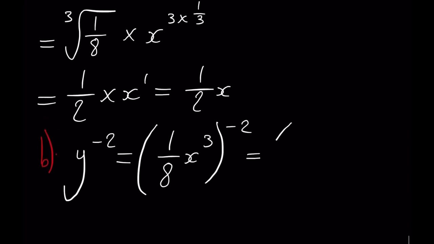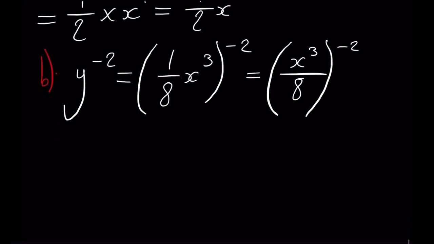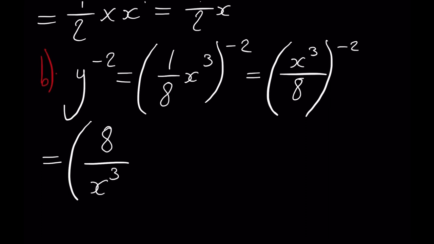And so that you see what I'm trying to do, I'm going to rewrite this as x cubed divided by 8 all raised to the power -2. This negative sign here means we have to flip this fraction, so we end up with 8 over x raised to the power 3 all raised to the power 2.